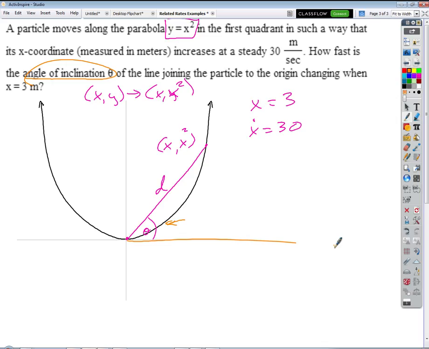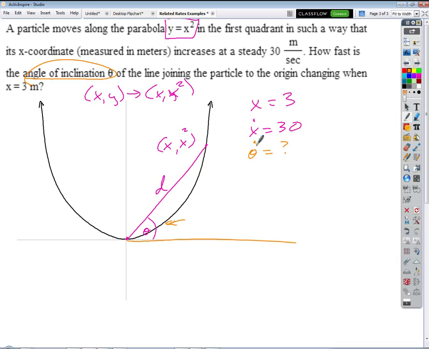So we've got to find a way to relate the x's and the thetas, because we're going to ignore the dots, and so our parent equation has to be probably a SOHCAHTOA thing.